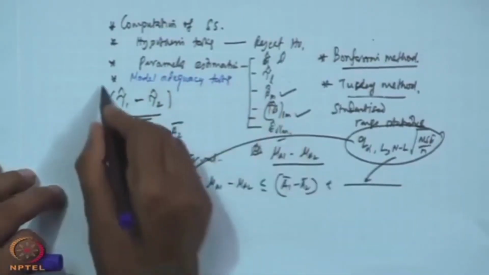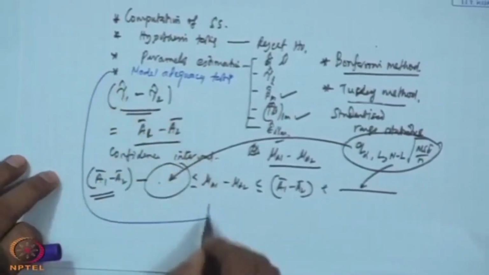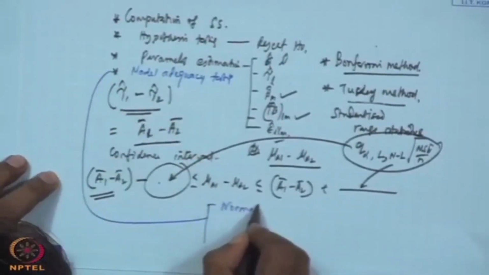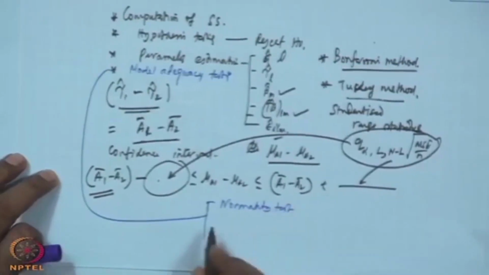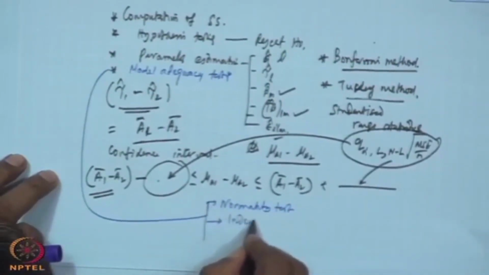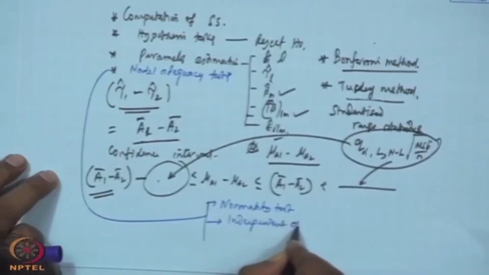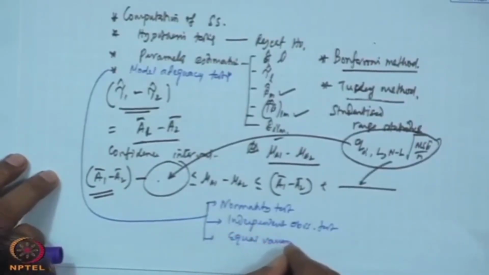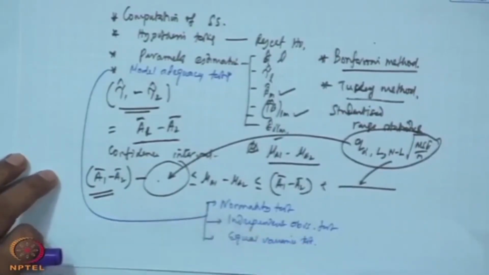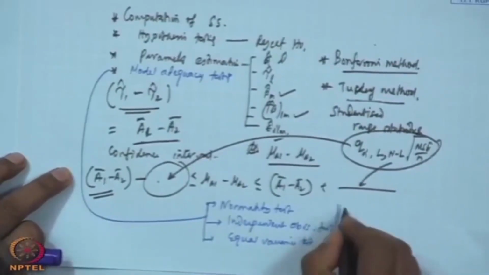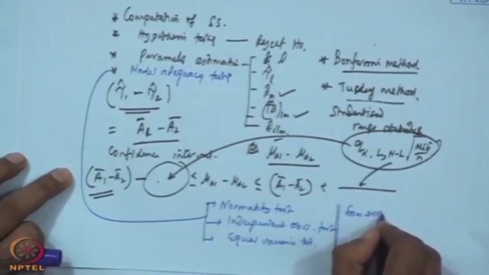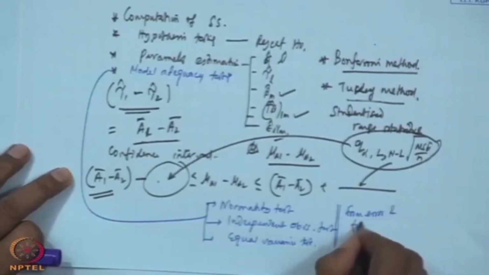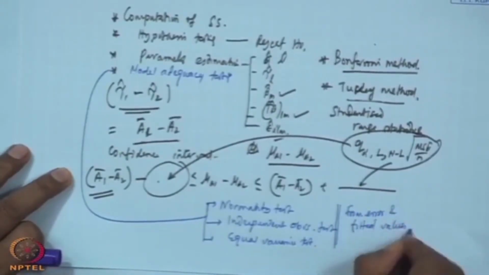Under model adequacy testing you will do the normality test, then the independent observation test, then your equal variance test. You will do all those tests from error data, and error and fitted values wherever required.